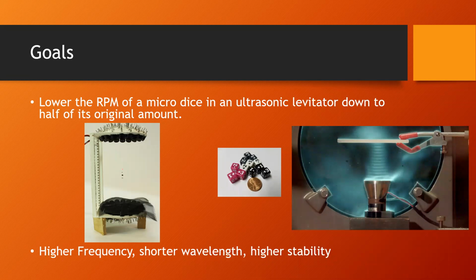Now, my goal is to lower the rotations per minute of a microdice in an ultrasonic levitator down to half its original amount. As I previously stated, any cargo, including microdice, that you place inside an ultrasonic levitator will stay in an area of low pressure.